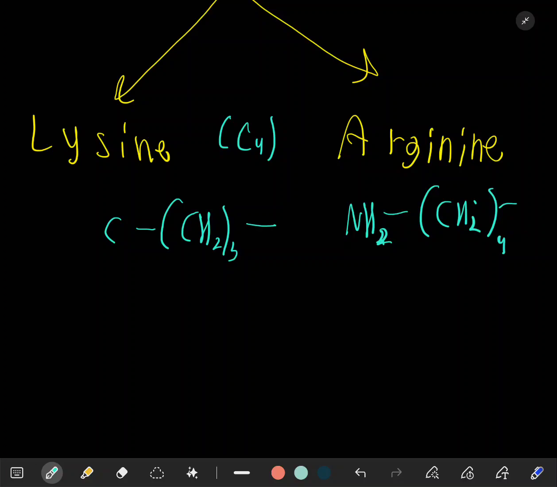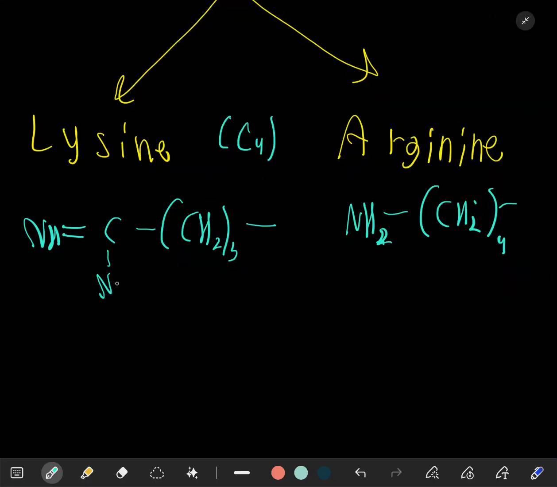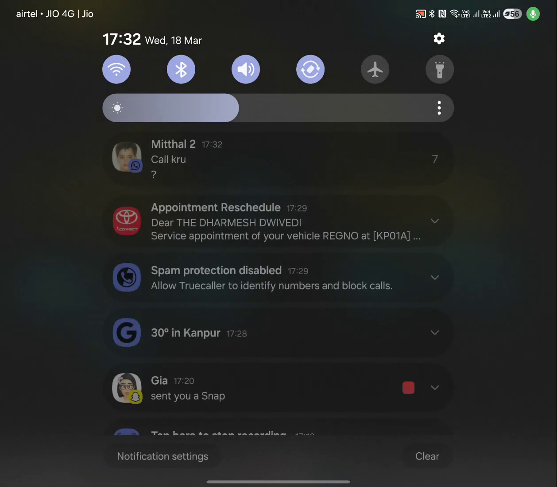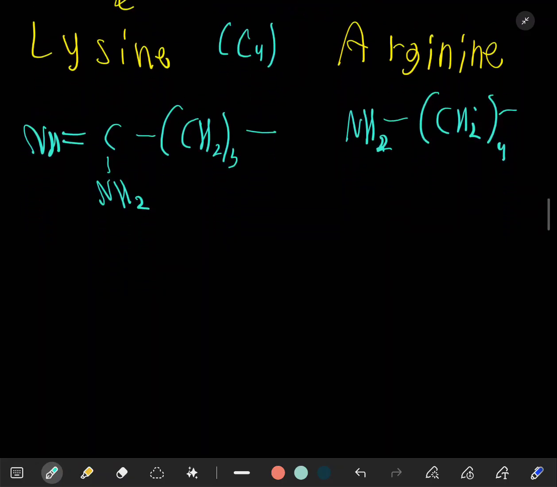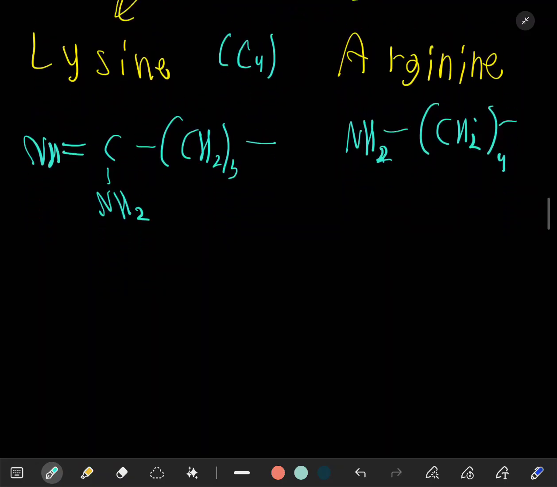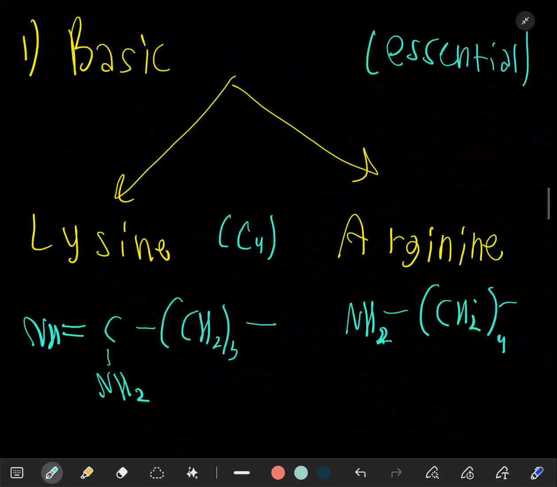So this is C, dash NH2, and then over here there's a double bond, C double bond NH, and then over here also we get another NH2. Then after this, lysine and arginine, we can see that both of these are essential and basic.